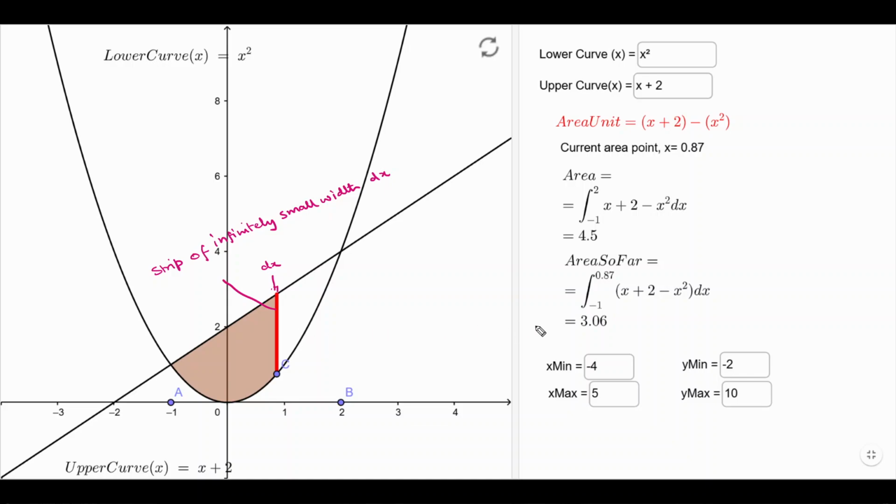Now the next thing remains is to find the height of this strip. The height of this strip can be found by writing the coordinates of this strip.